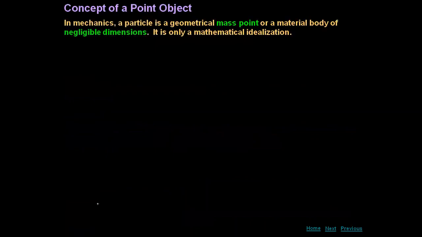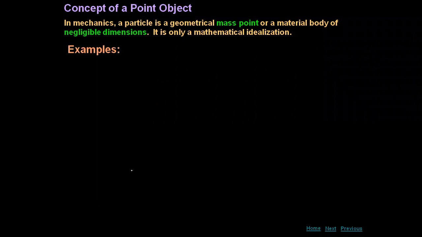The concept of point object. So let's begin with the concept of point object. In mechanics, a particle is a geometrical mass point or a material body of negligible dimension, and it is only a mathematical idealization.